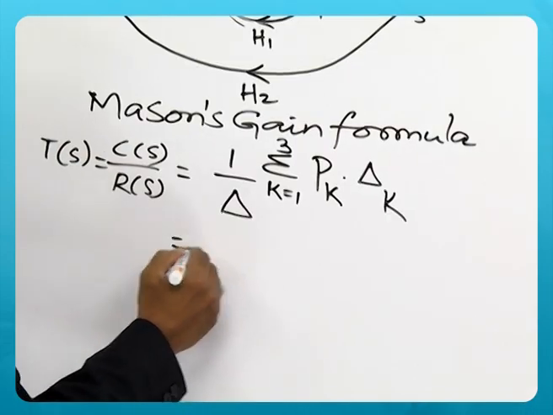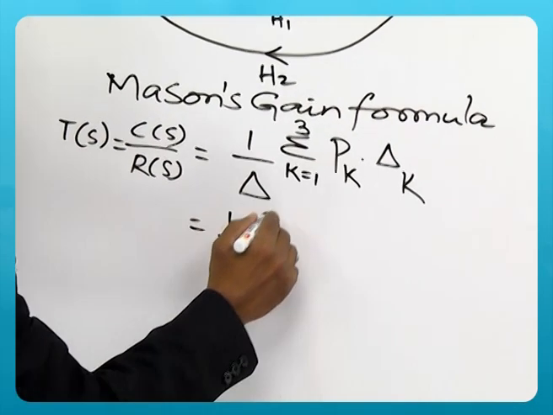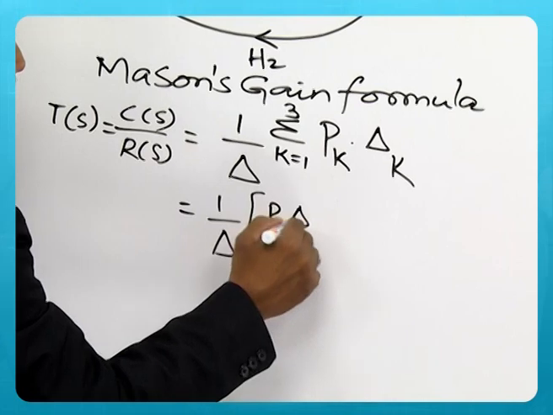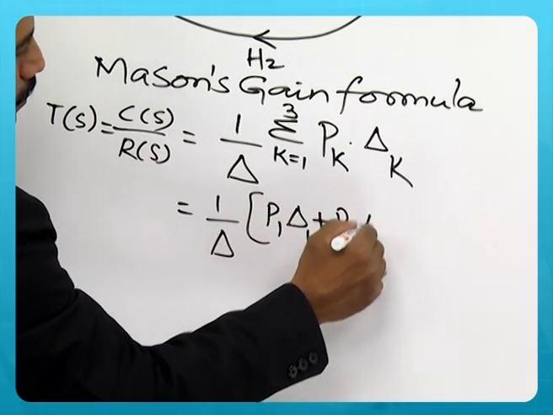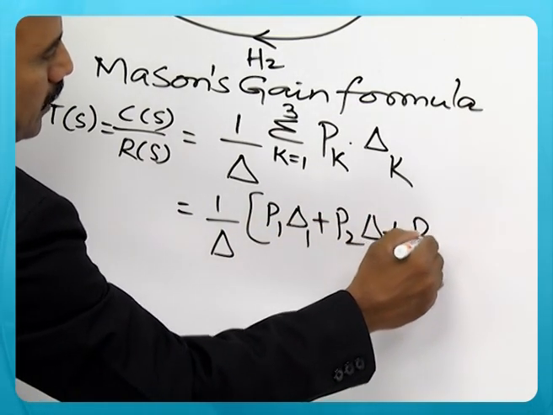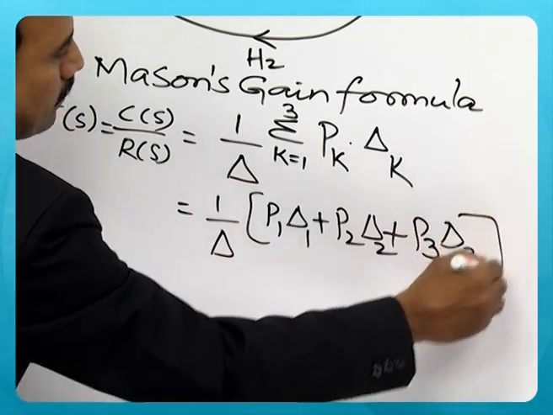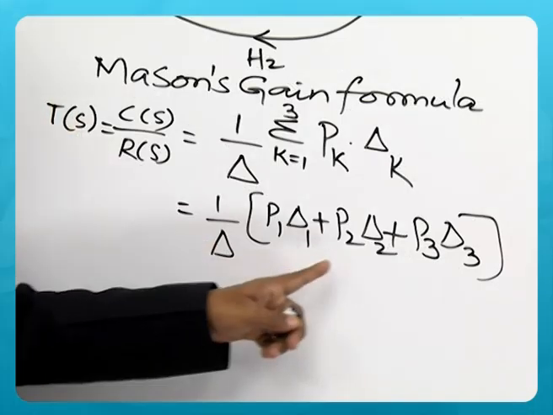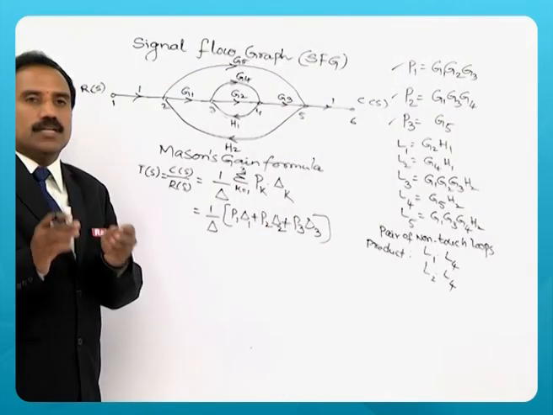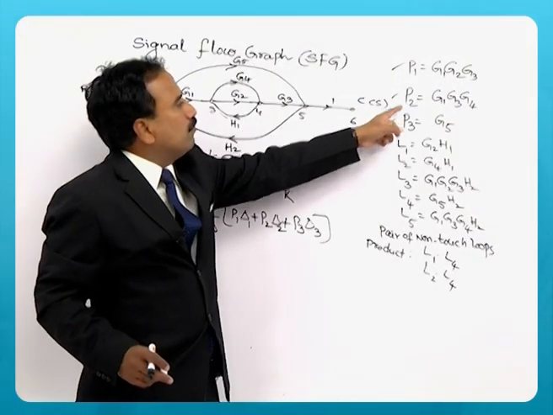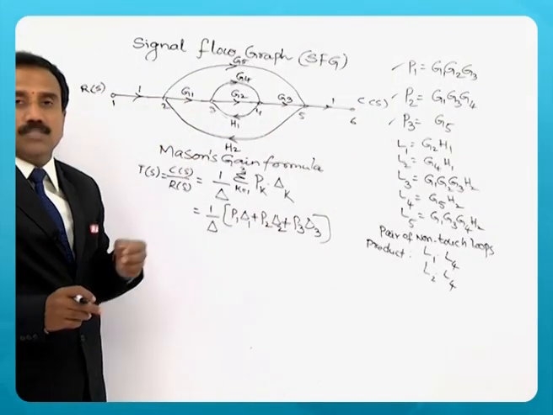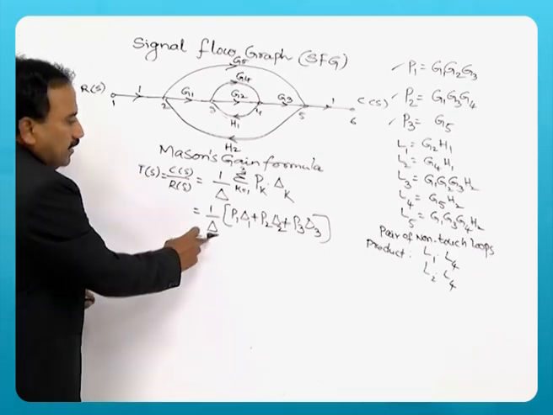Now I can rewrite this as 1 by delta into P1 delta 1 plus P2 delta 2 plus P3 delta 3, where P1, P2, P3 are the gains of the respective forward paths that we have already observed. What is delta?